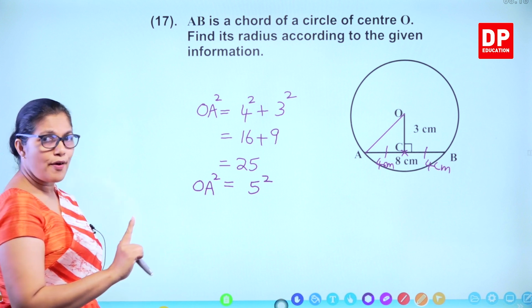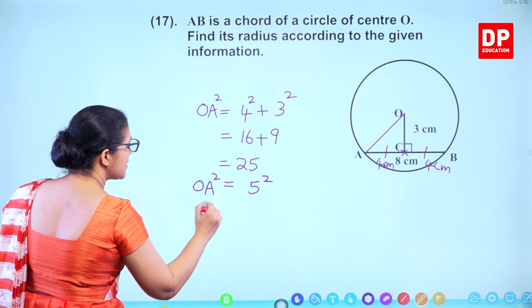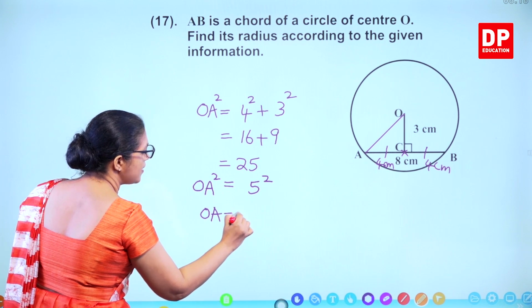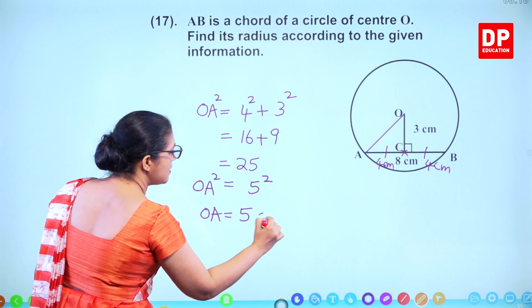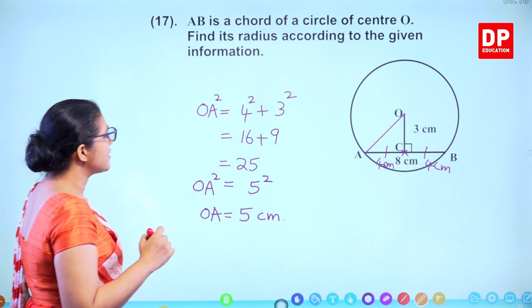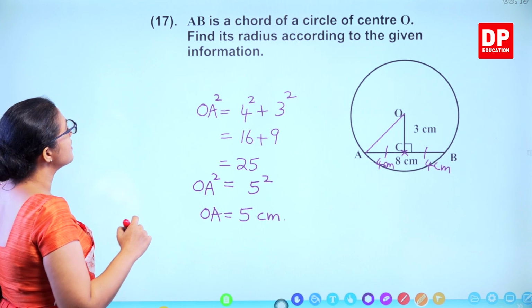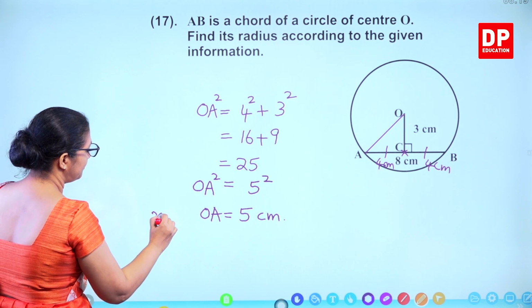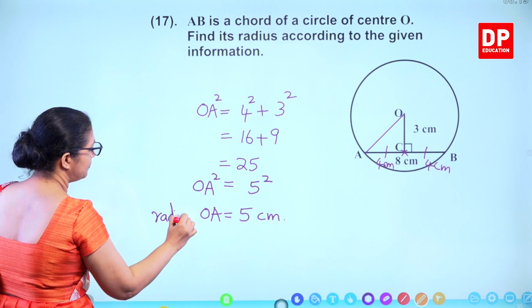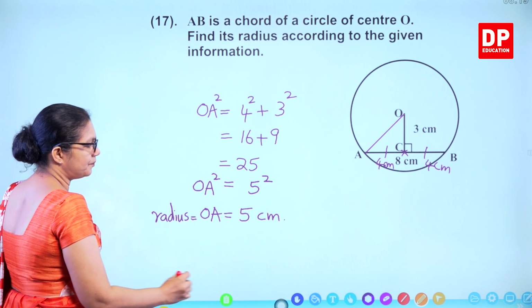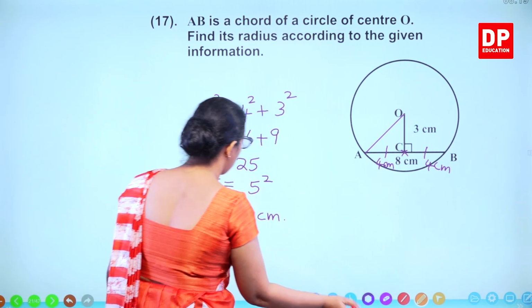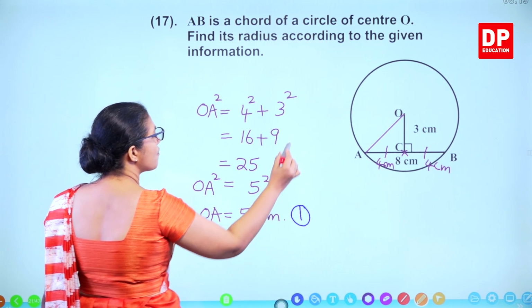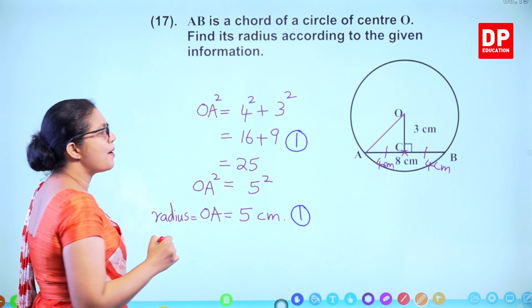When you take the square root, powers are the same, so you can straight away write down OA is 5. This is in centimeters. So that's the radius. So you get 2 marks, 1 mark for this and 1 mark for the method.